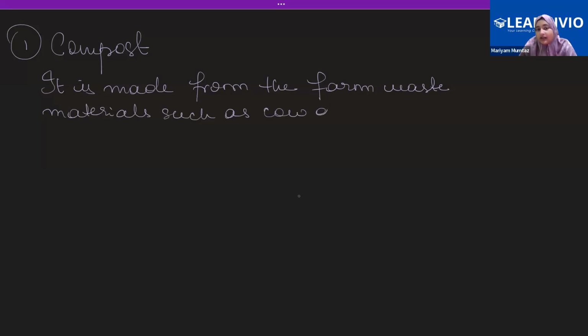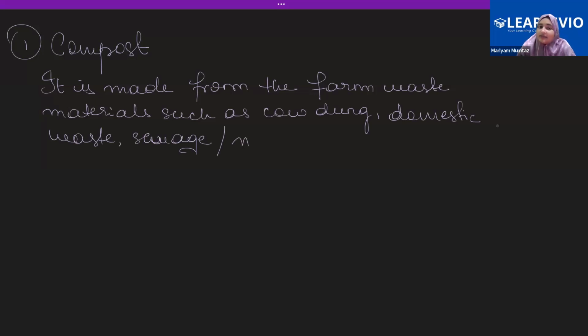So they are cow dung, first of all, the first farm waste. Then domestic waste would also be collected. Then sewage. What is sewage, students? Sewage, or you can call it municipal waste, meaning the waste generated from the households, from the offices, from the schools. Those wastes are collected.